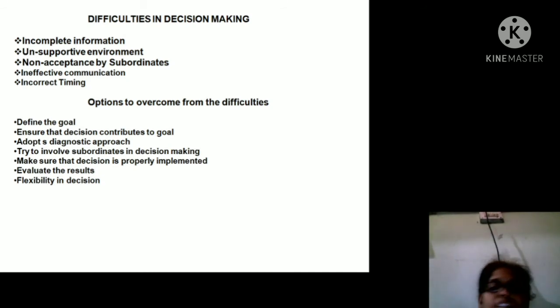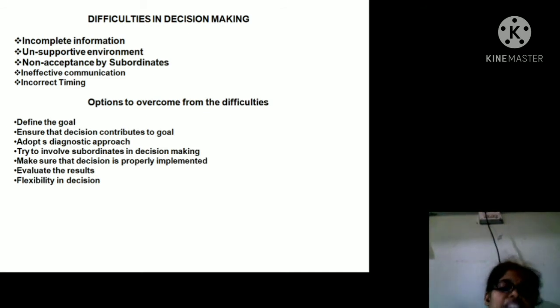Make sure that the decision is properly implemented. Again, we have seen in the steps involved in decision making that whatever decision has been taken must be implemented properly. Then evaluate the results. Who is going to evaluate? Obviously the managers are going to evaluate the results.